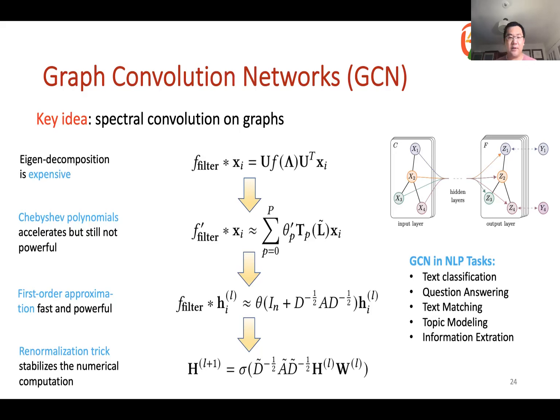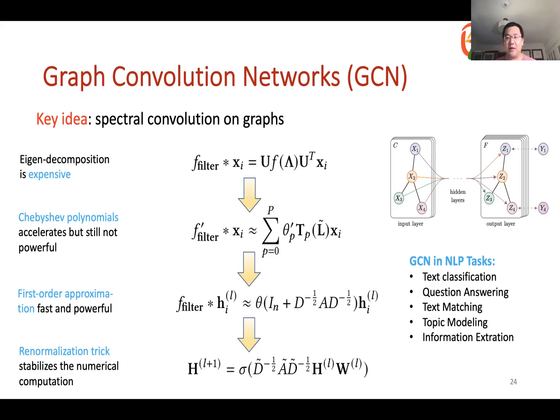So later in the graph convolutional network, they proposed this first order approximation in the Taylor expansion. It has been shown that although it's an approximation, it's fast and powerful. But this is numerically not stable, since it directly adds the identity matrix to the Laplacian matrix.